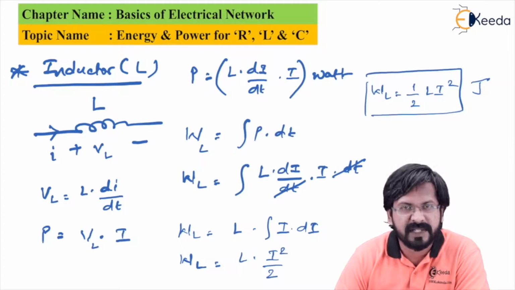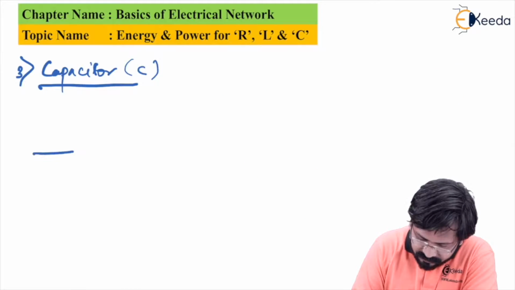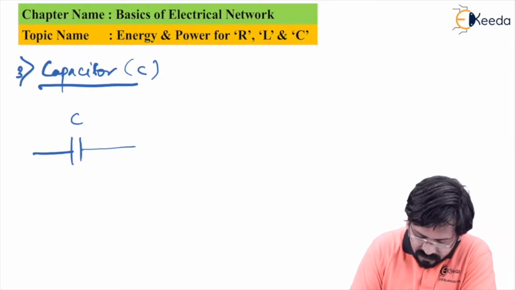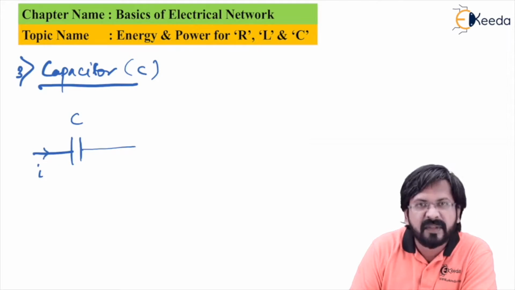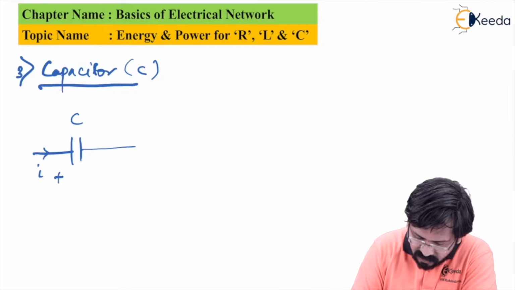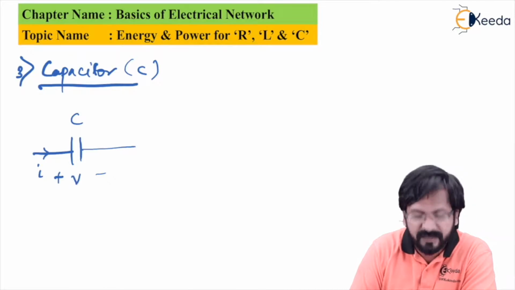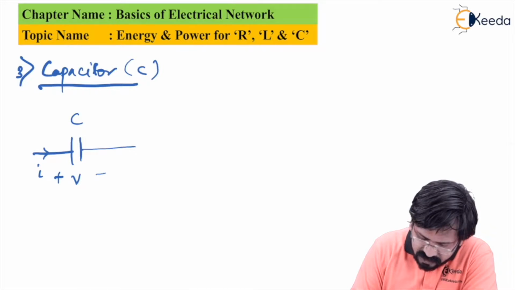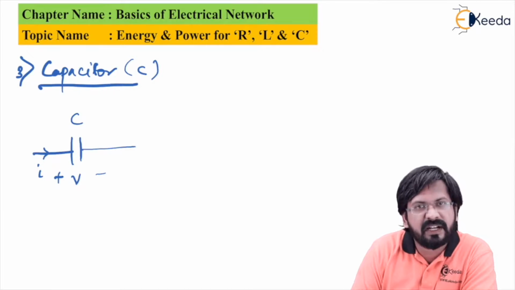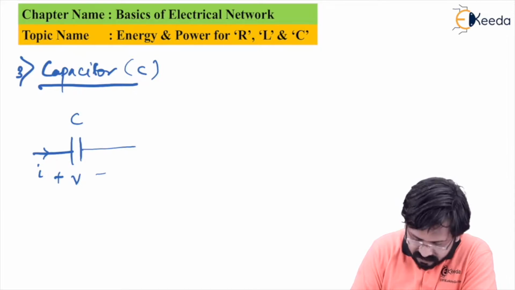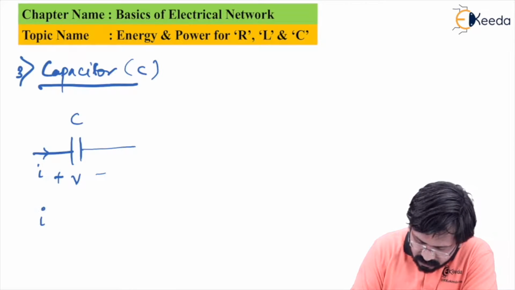Let us see for capacitor now. Assume capacitor is having value as C in farad, through which current is flowing, let's say I, because of which there is voltage across capacitor, let's say V. Now, we know the standard relation between current, voltage and capacitor value, that is farad, which is current through the capacitor is given as C into dV by dt.